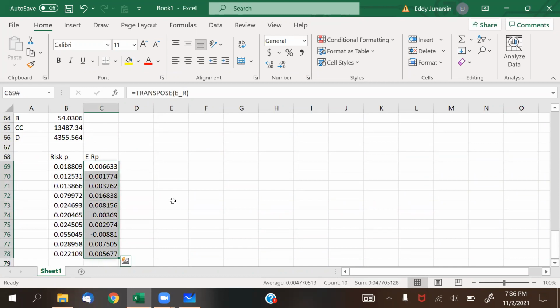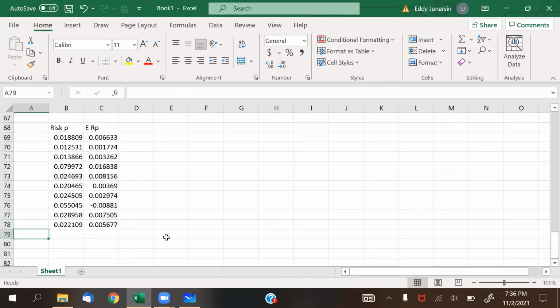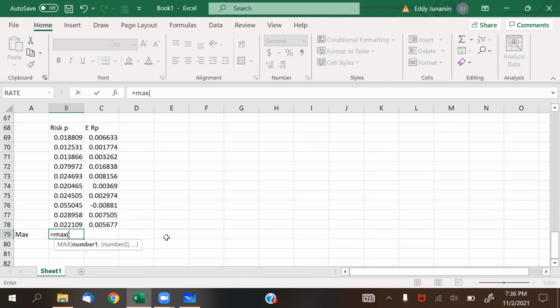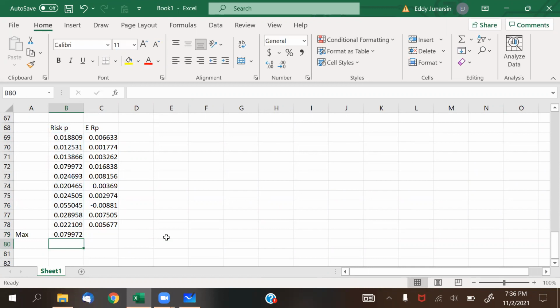Right? Okay. So now I want to know what's the worst case or the least efficient case, right? Maximum. Now, an asset with the highest risk should be the maximum value of this, right? You understand what I'm talking about? So this is the maximum risk.